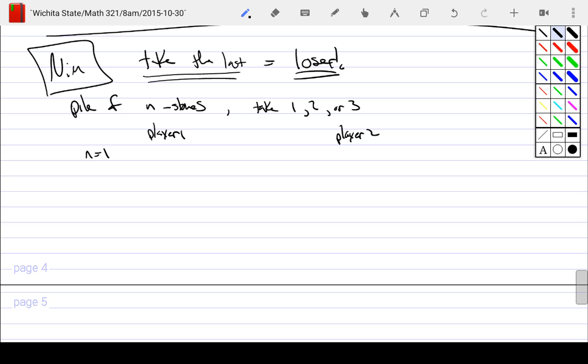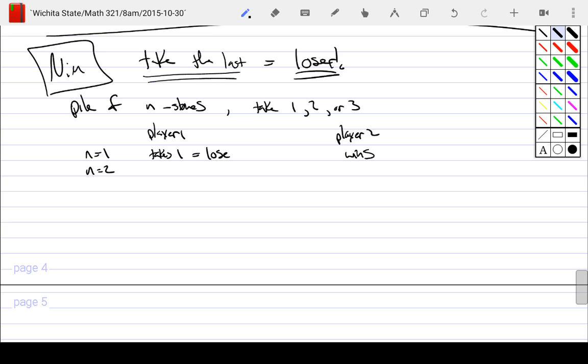What happens? There's no take 0. It's take 1, take 2, take 3. There's 1 stone. Player 1 takes it. Player 1 loses. So take 1 equals lose. This guy wins.